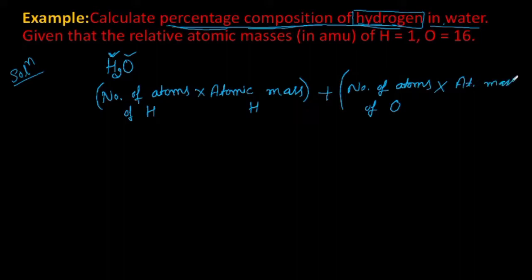So now I'm using the short form, atomic mass of oxygen. Now substitute the values. Number of atoms of hydrogen which is present in this molecule. How many atoms are present here? 2 atoms into atomic mass of the hydrogen, that is according to the given data it is 1, then plus number of atoms of oxygen which is present in this molecule is 1 into atomic mass of the oxygen.